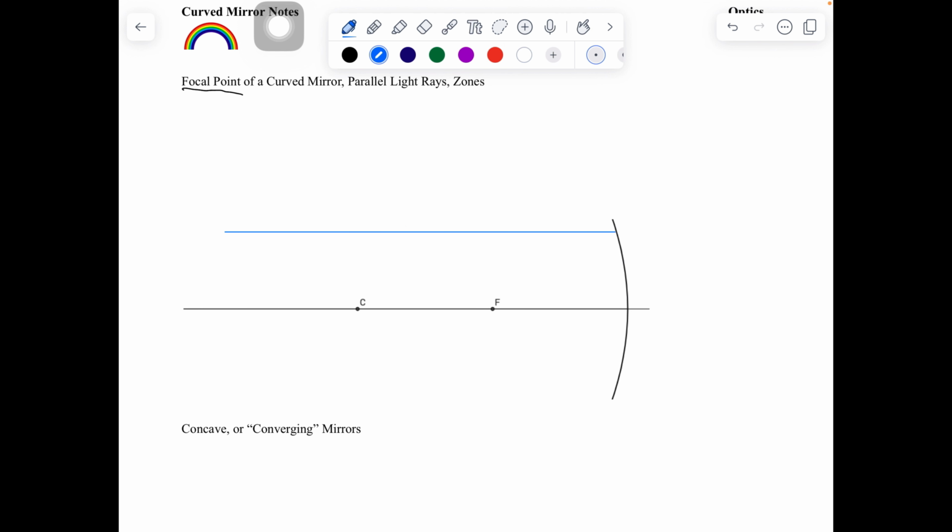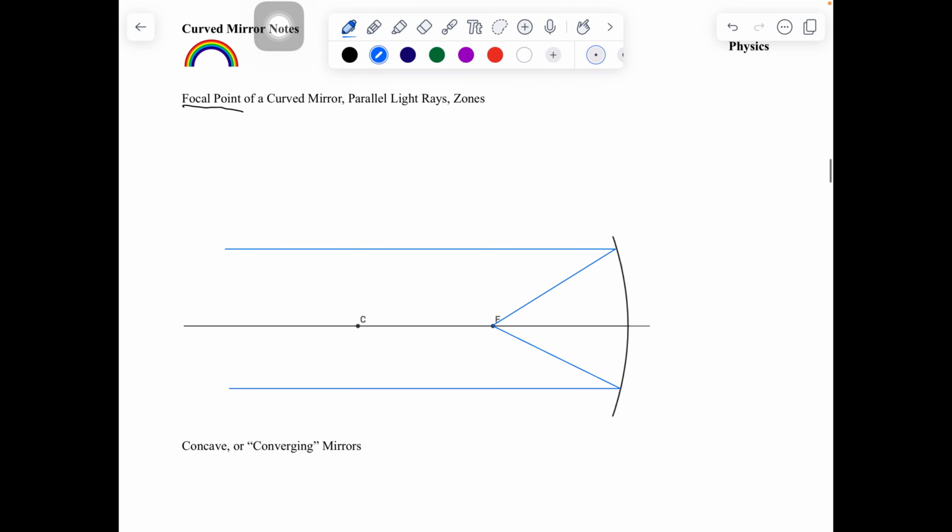That light gets redirected to the focus. Same thing if you have light coming on the other side of the mirror down here. As long as it's coming in straight on, it's going to be focused to that focal point, which is sometimes called a focus as well.